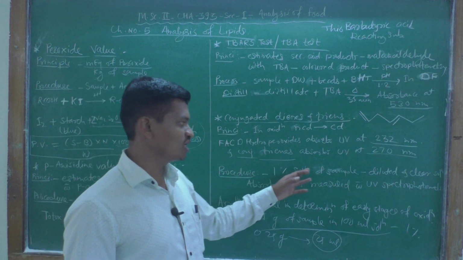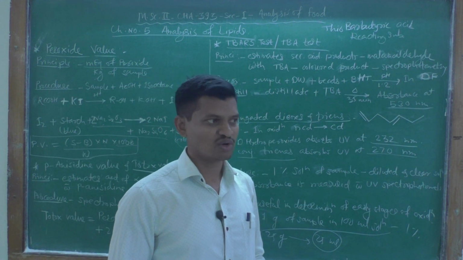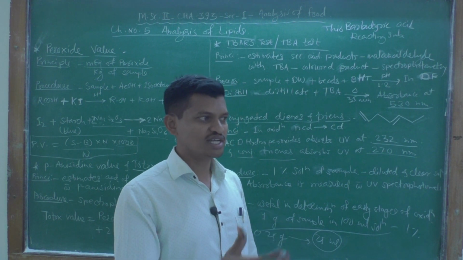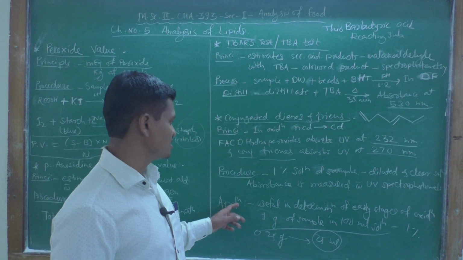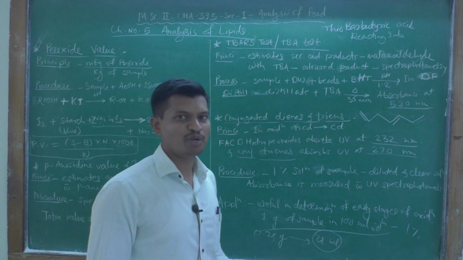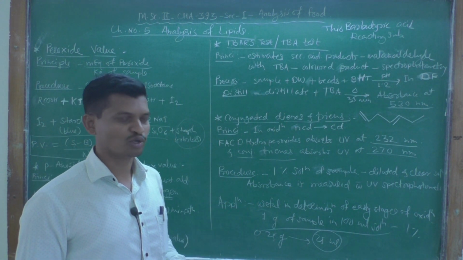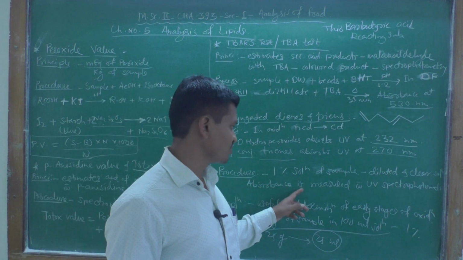The 1% solution of the lipid sample is then diluted with distilled or deionized water, and the resulting diluted solution must be clear. Such a solution is used for spectrophotometric determination using a UV-visible spectrophotometer, measuring the absorbance.